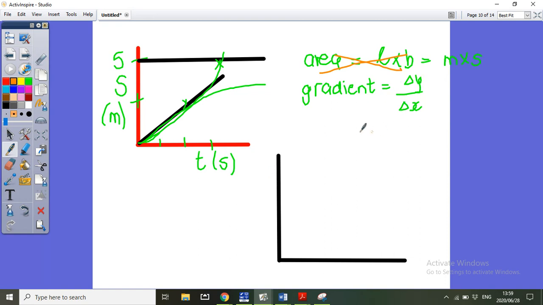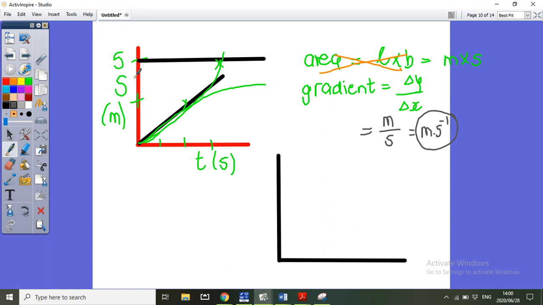But if we look at the gradient now, it's y over x. So let's look at the unit on our y-axis. That's meters. So we have meters at the top and we have seconds at the bottom, which gives us meter over seconds, which is the same as meters per second. And now that sounds more familiar because we know that we measure velocity in meters per second.